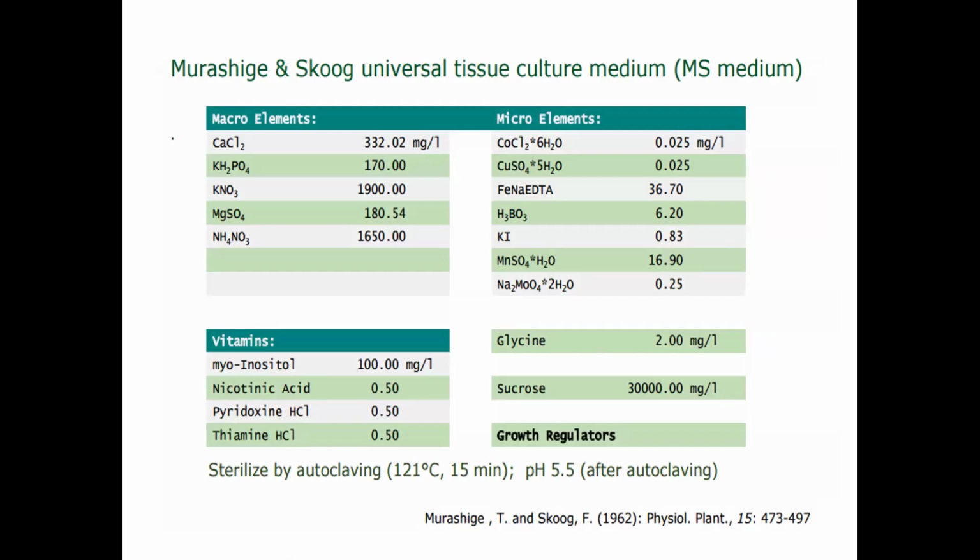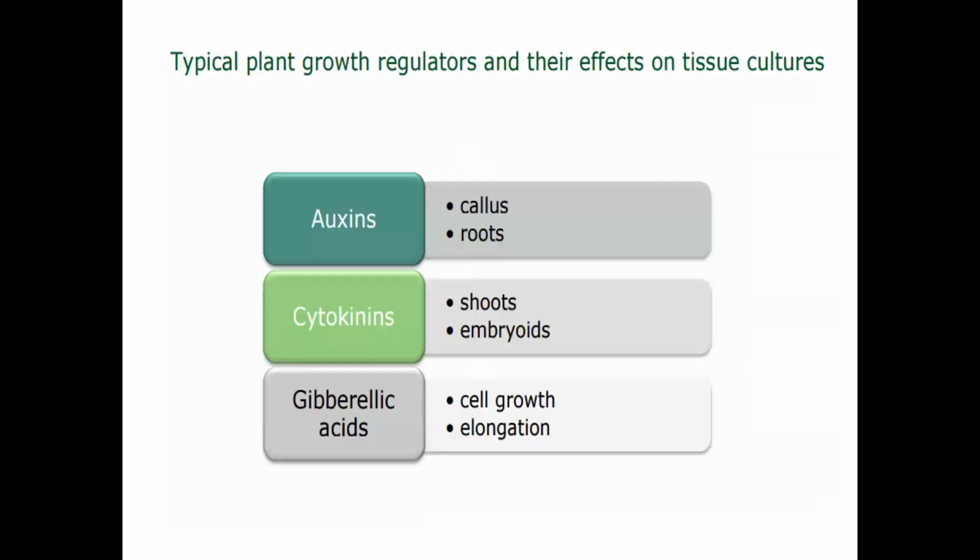They made a combination of minerals, vitamins, and hormones so that most of the plants can grow. Murashige and Skoog is called universal tissue culture medium. Not sure your plant can grow exactly using that medium, but it is widely being used. Here you can see different elements are used as salt, so you need to calculate, and here they calculate.